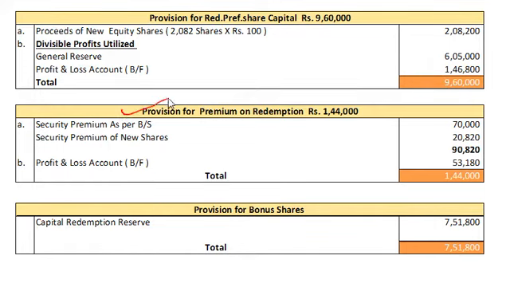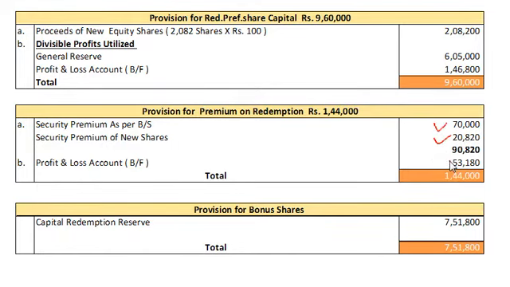Now the provision for premium on redemption, we need rupees 1,44,000. Let us check how this amount is provided. First we took securities premium as per balance sheet, that is 70,000. Then we took securities premium of new shares, 20,820.